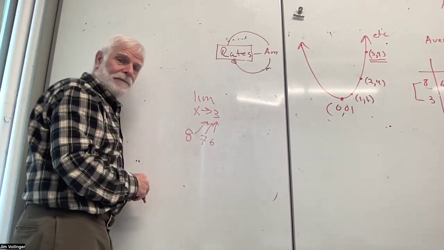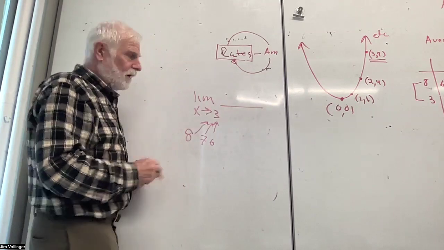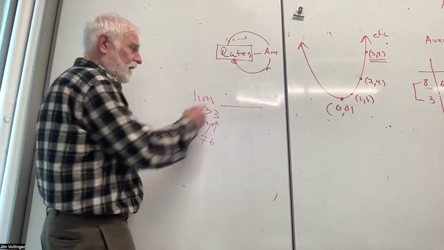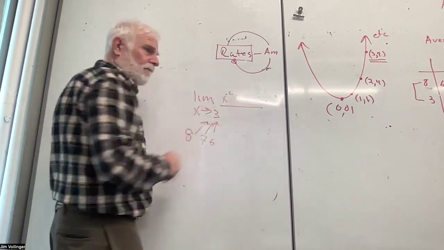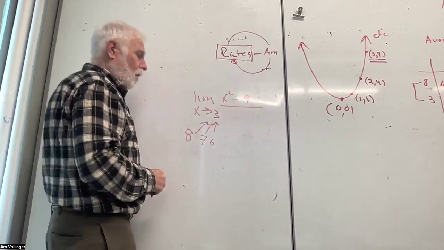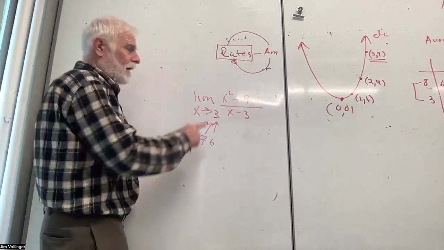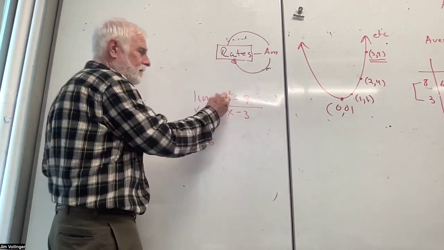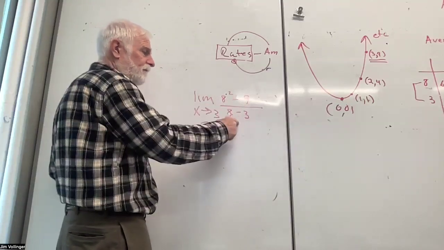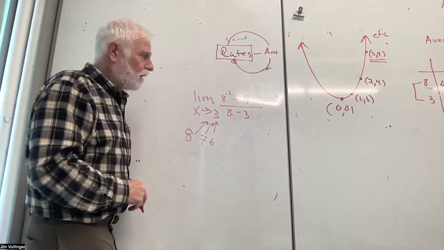I should have pointed this out a little earlier in the video, but running out of ink, I squared 8 and got 64. So in general, I was looking at x squared minus 9 over x minus 3. So when I put 8 in there, we got an average rate of change of 64 minus 9, 55 divided by 5, was the first one we did, 11 minus 1.